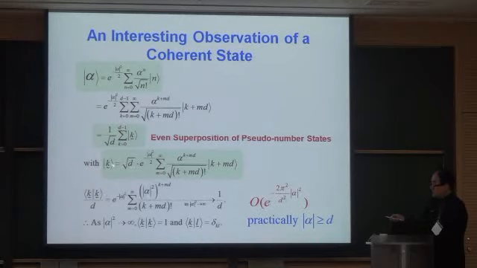So this bracket over d goes to 1. And also, different photon number states are all orthogonal to each other. So in other words, this is an orthonormal basis for this coherent state.